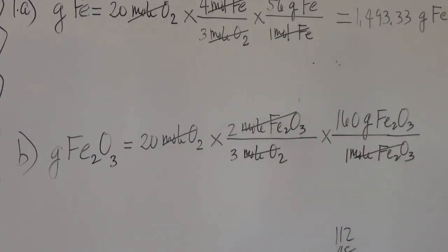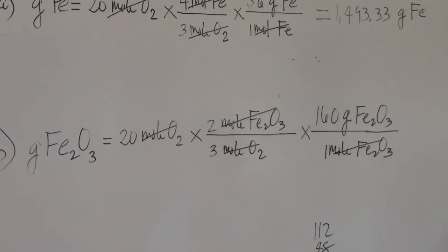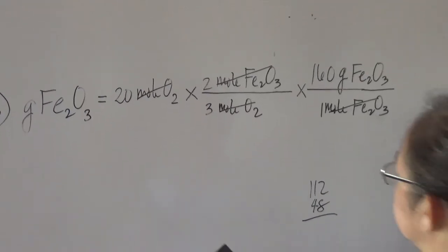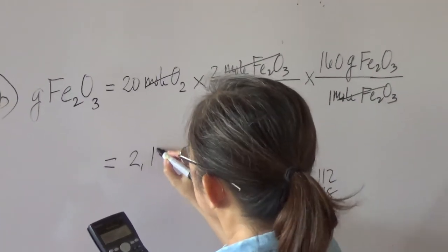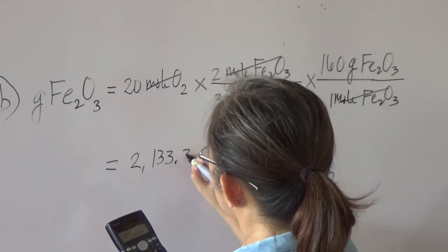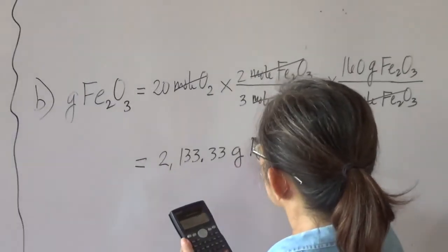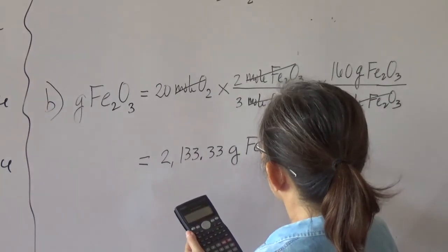So therefore, that is equal to 160 times 2 times 20 divided by 3. So it will produce 2,133.33 grams of ferric oxide.